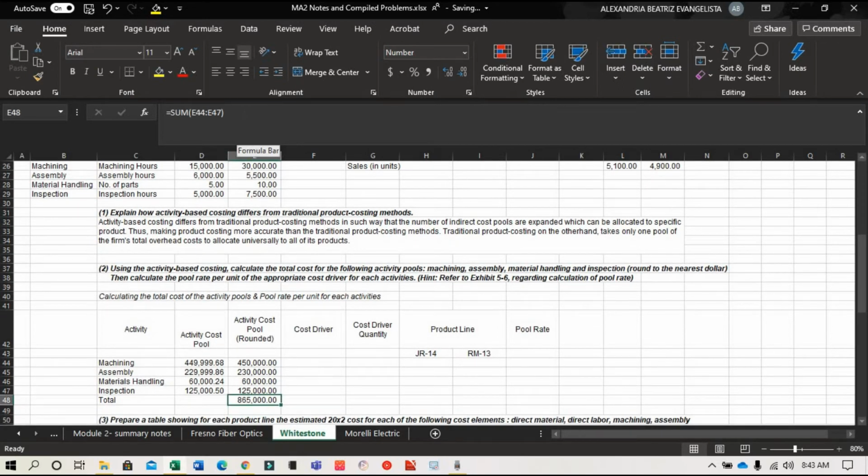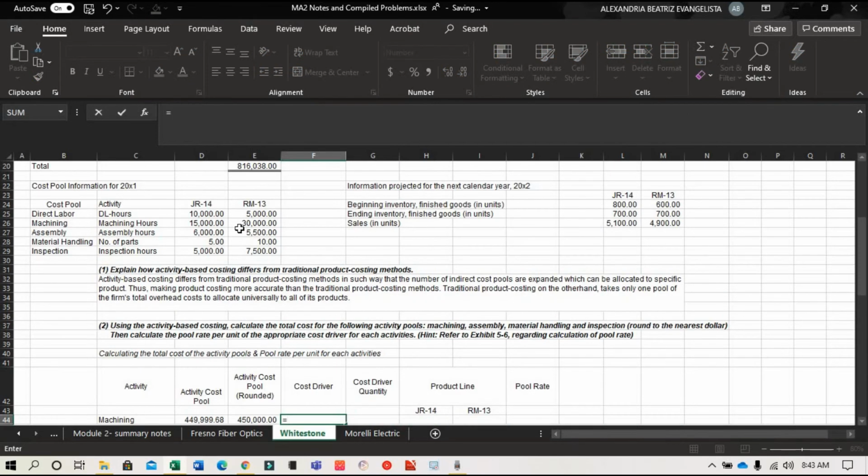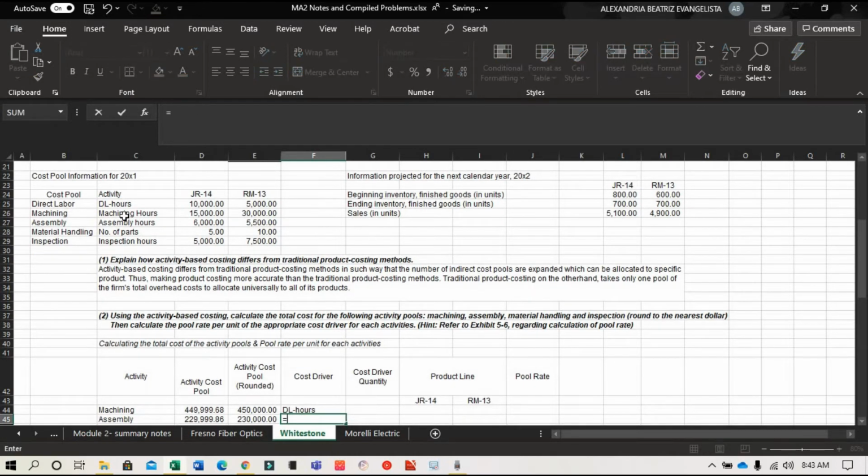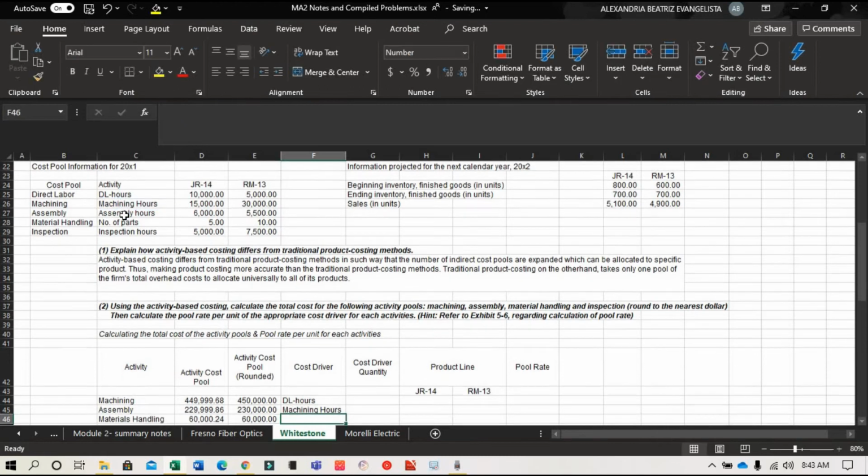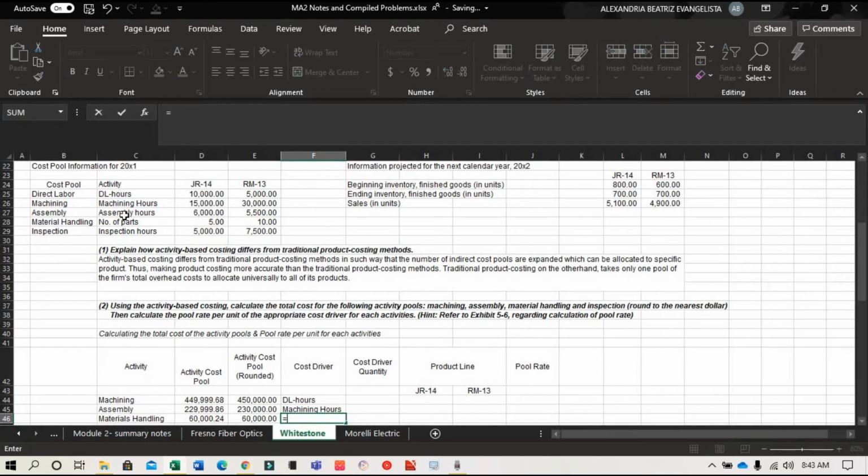So the cost driver for machining is the direct labor hours. For assembly, that is machining hours. For materials handling, let me repeat that.